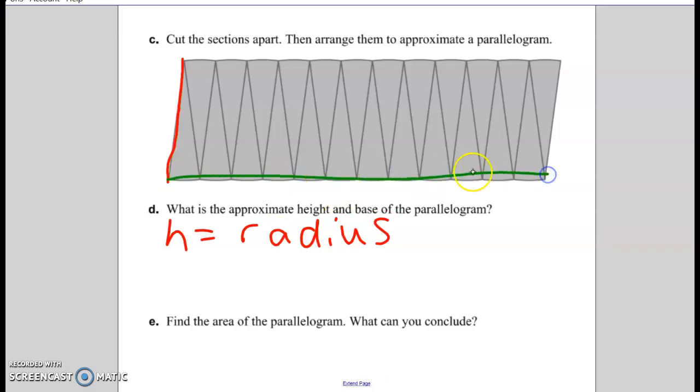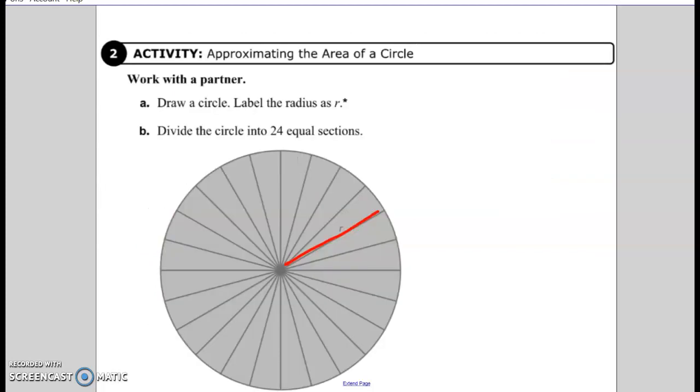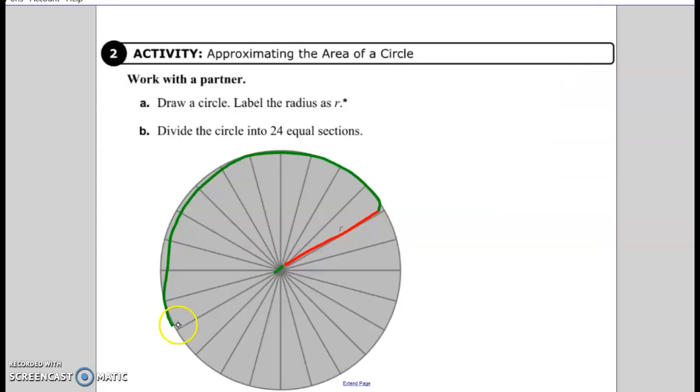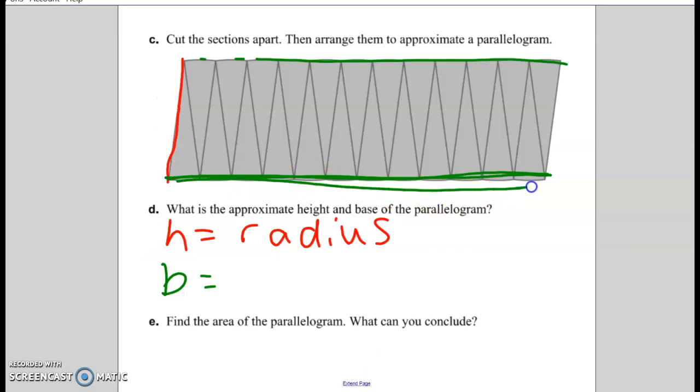I also asked you about the base of the parallelogram, which if you were to take these apart and put half of them, 12 of these wedges, on one side. So all of this, that's 12 of those wedges, 12 of those wedges, which means that the base of that parallelogram is half of your circumference.